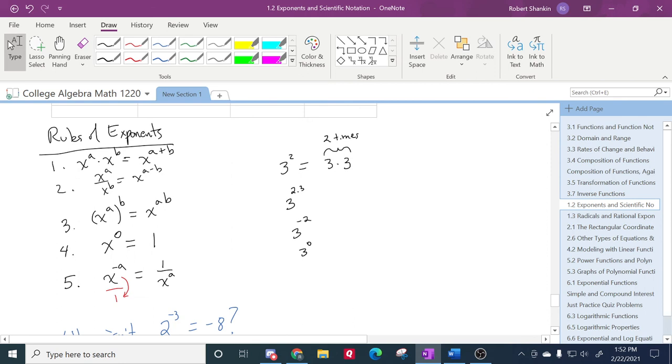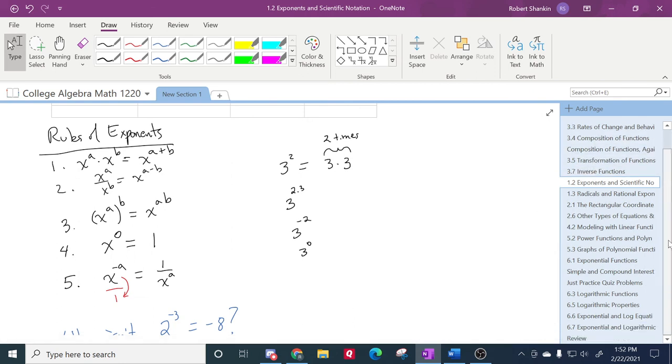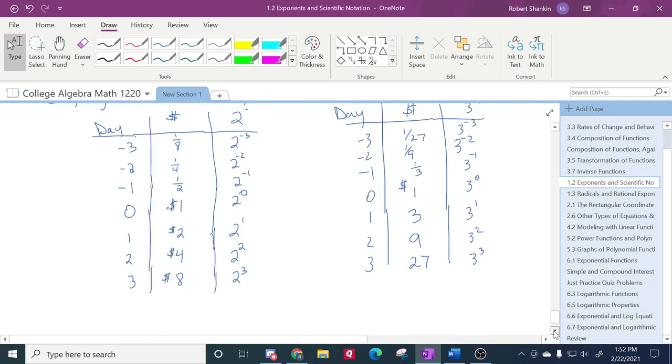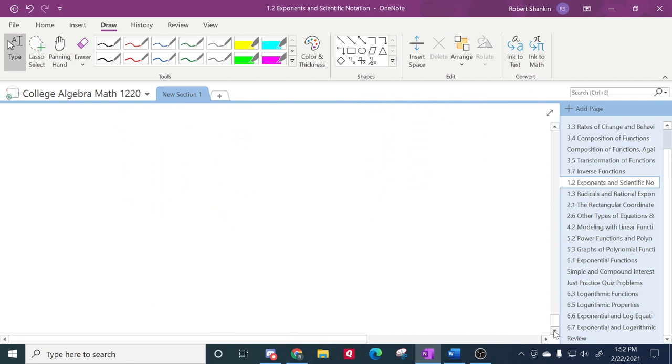So notice we have 5 rules for exponents, and let's do an example. Simplify x to the 4th... x squared over x to the 5th, 2 different ways.